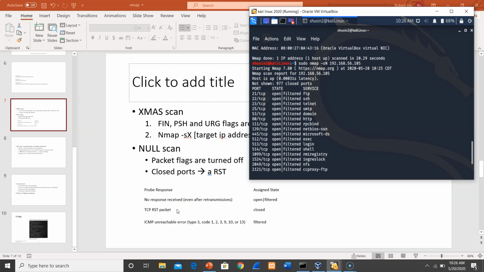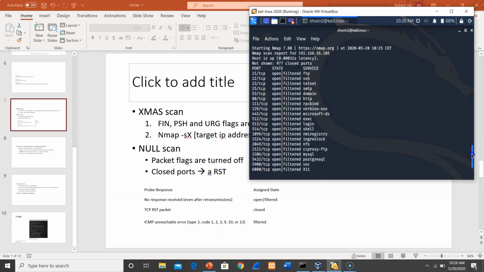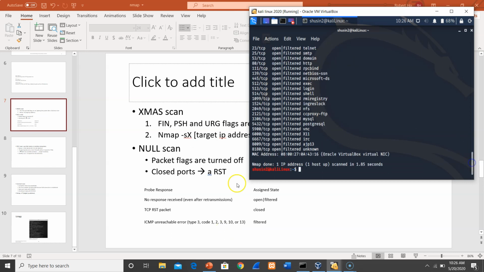Or it can give you a state of filtered if it is ICMP unreachable, right? Because it gets blocked by the firewall. All right. So these are some of the most popular ones.